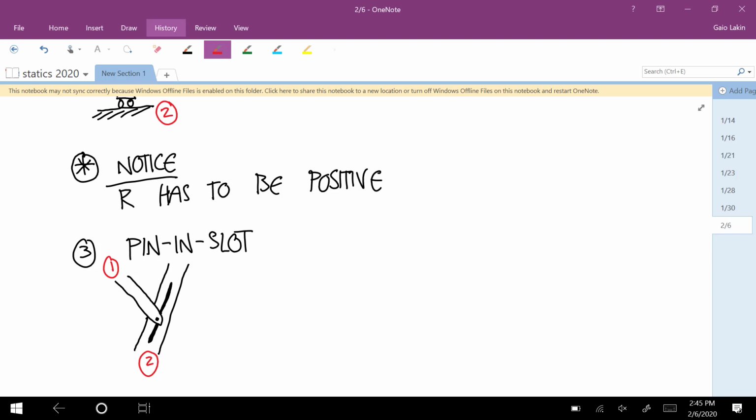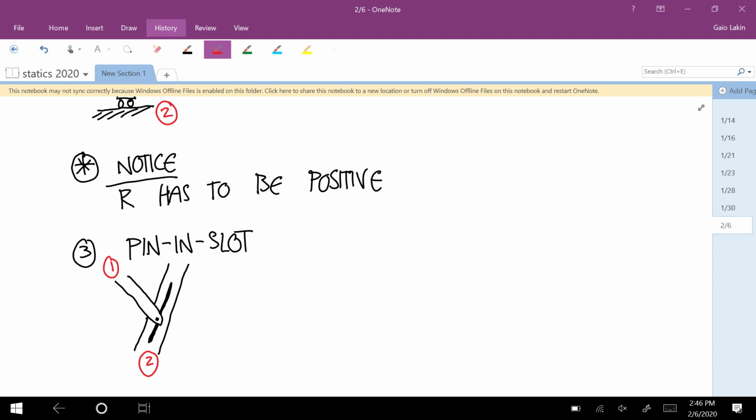So can you find an axis that restricts translation of this object? Yeah, if I try to push it or pull it perpendicular to that slot, it won't go. Okay? So it has to apply a force perpendicular to that slot.